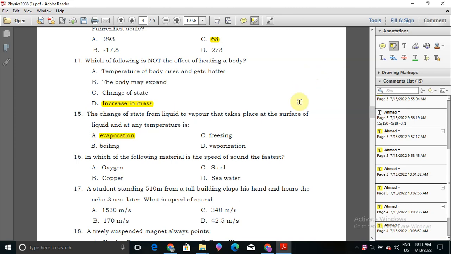Now question number 16, it says in which of the following materials is the speed of sound the fastest? We have oxygen, copper, steel, and seawater. Oxygen is a gas, copper is a solid, steel is a solid, and seawater is a liquid. Now if you can see gas, solid, and liquid, liquid is greater than gas, and solid is greater than liquid.